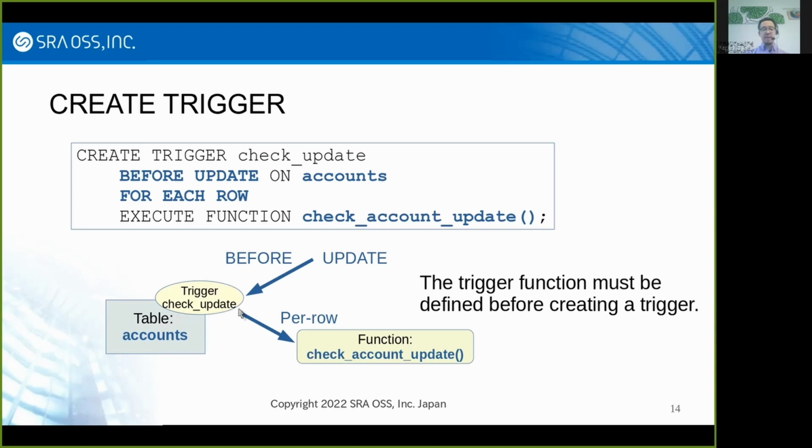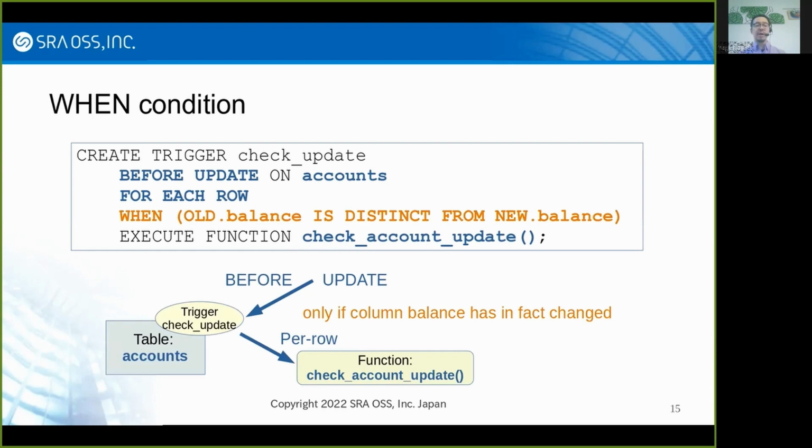If the table is updated, before each row is updated, the function check_account_update is executed. This trigger function must be defined before creating the trigger.